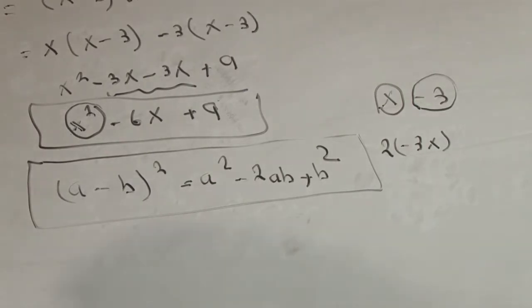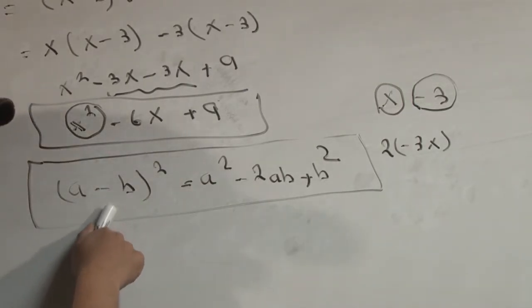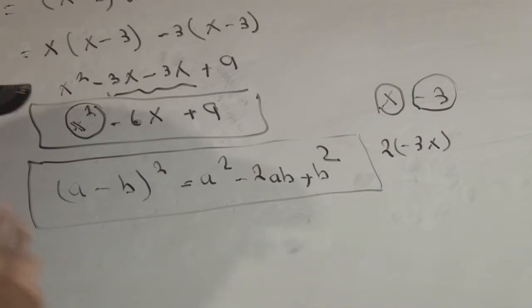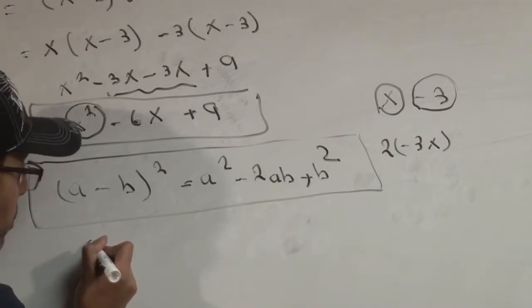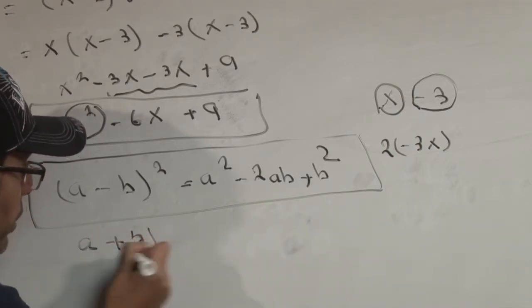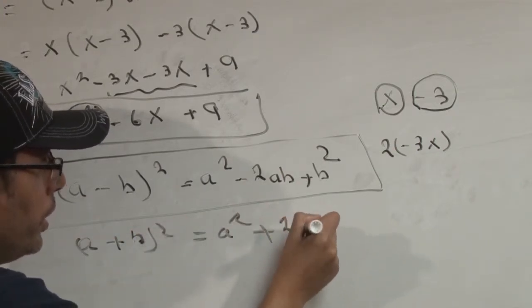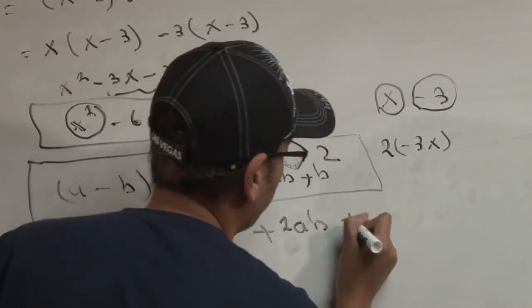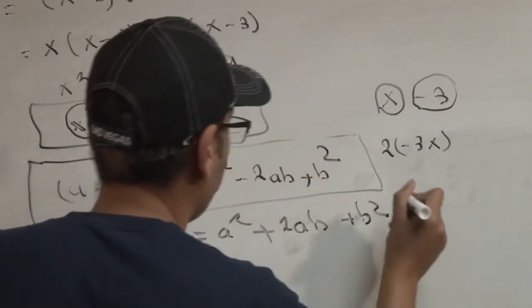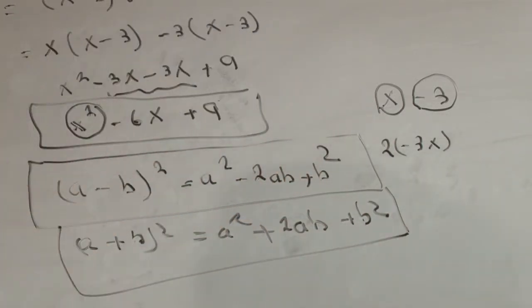Okay, what if there is a positive in between the two terms? So simple. a plus b squared equals a squared plus 2ab plus b squared. Okay, I would love to use that for some examples, and this is so easy.